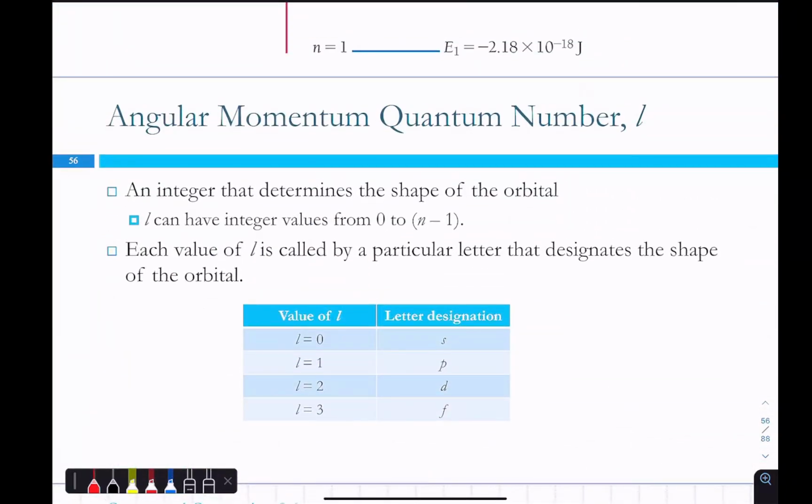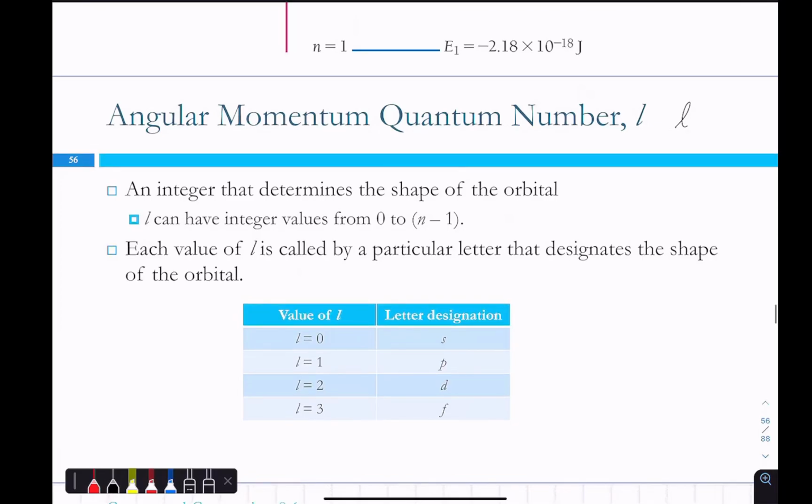Okay, so the angular momentum quantum number, that's L, which when I write it, because it's supposed to be an italic L, we'll do a cursive L. Those correspond again to S, P, D, and F, and you just remember to start at 0. So L equals 0 is S. And this is always going to be n minus 1.